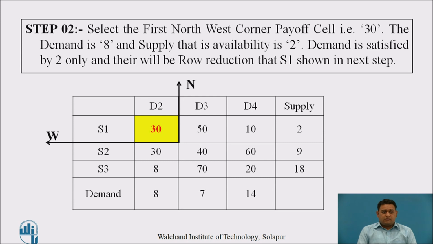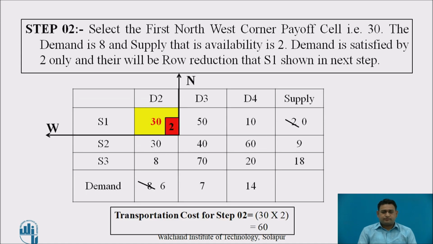Again, as with the northwest corner method, first of all we have to select the first cell, the northwest corner, that is 30. Here the demand is 8 and the supply availability of source S1 is 2.